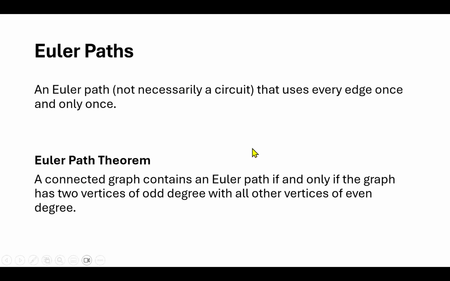He was the one that solved the Königsberg question. So if it was a circuit, all of the vertices had to have even degree. Well, if you wanted a path, then you needed only two vertices with odd degree. So this would be your starting point and your ending point, and the rest of the vertices need to have an even degree.